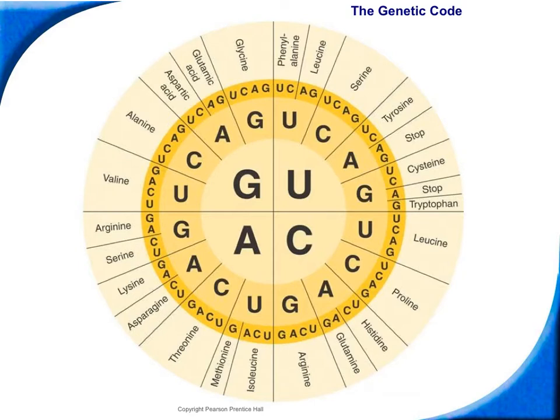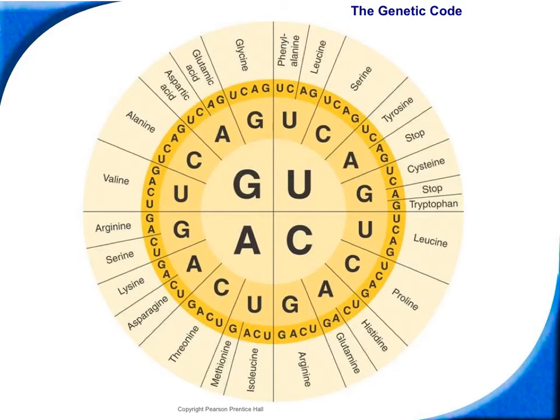This is one chart that shows the codon combinations and the amino acids that they do code for. We do not have an unlimited number of codes or an unlimited number of amino acids, but the way this particular chart works is you start with your first letter, and that would be the letter in the middle.